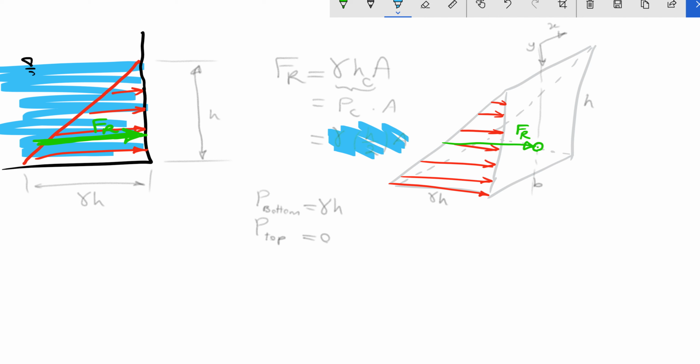So the formula was YR is equal to IXC divided by YC times area, plus YC. Let's write the value for each. IXC, if you check the tables, is going to be b h cubed divided by 12.